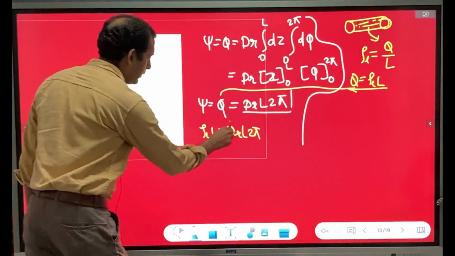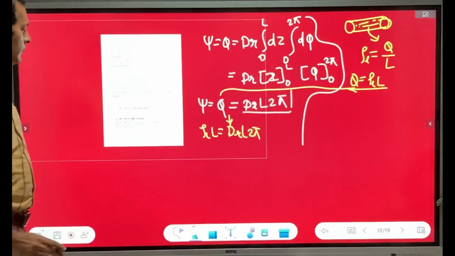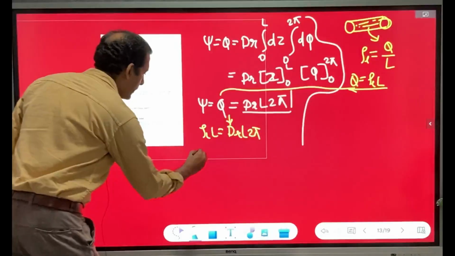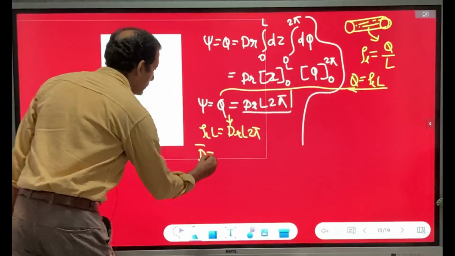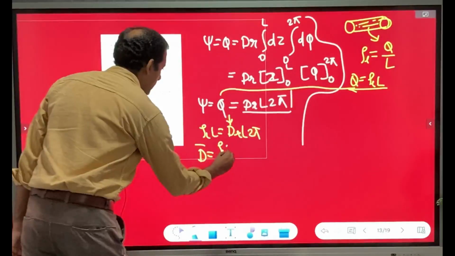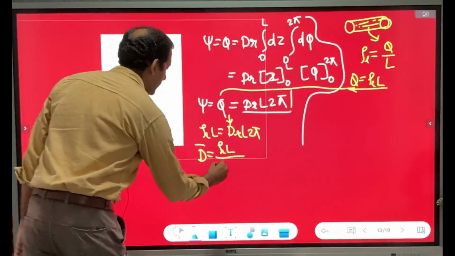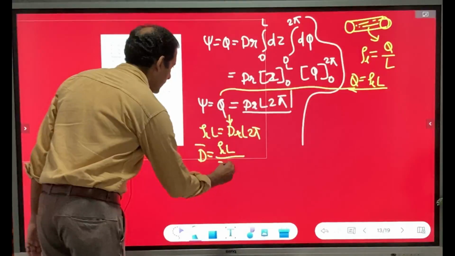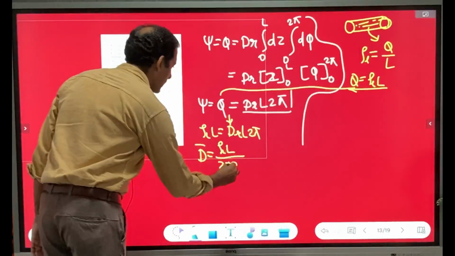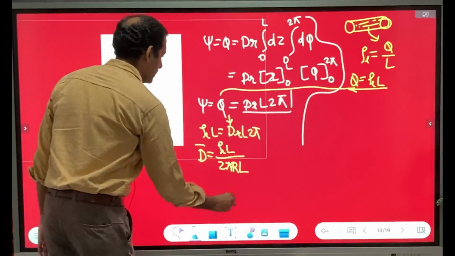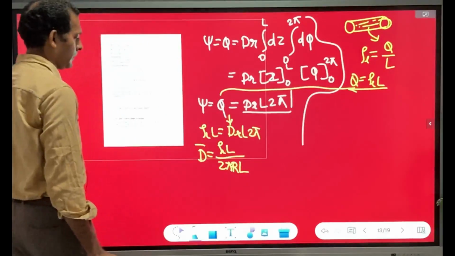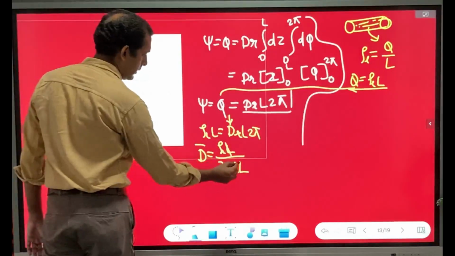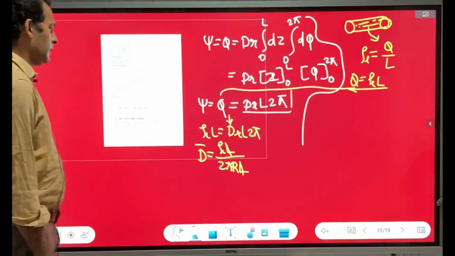So from here, if we want to find D, what we can say is D will be equal to rho L L divided by 2 pi r L. So this L will get cancelled.